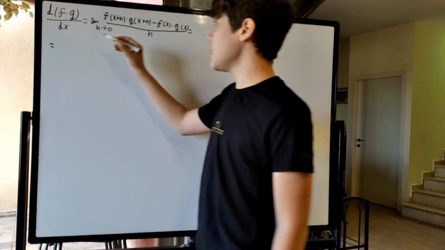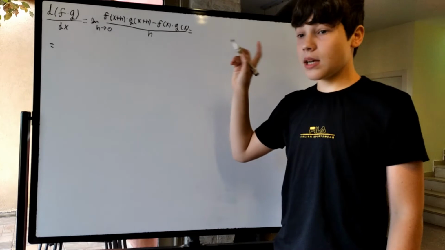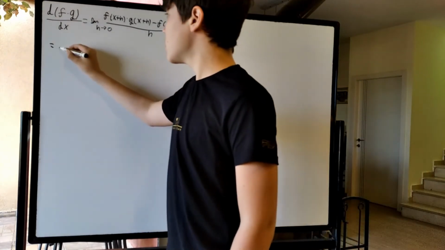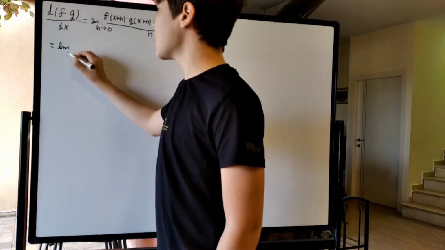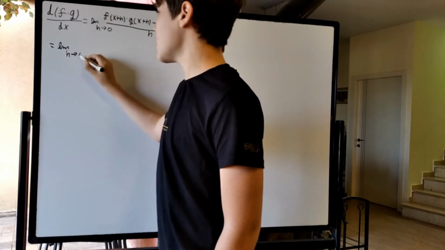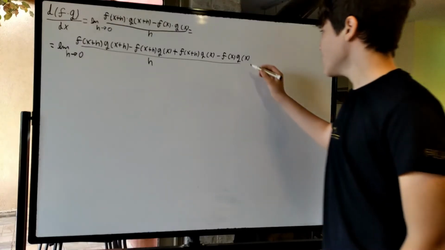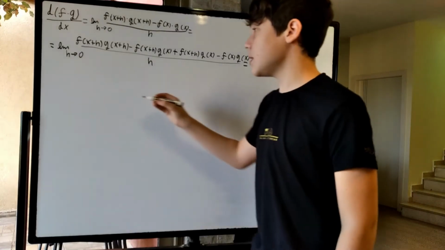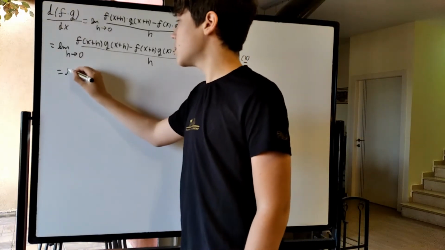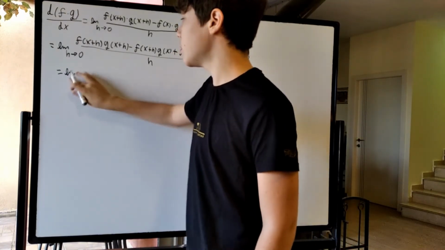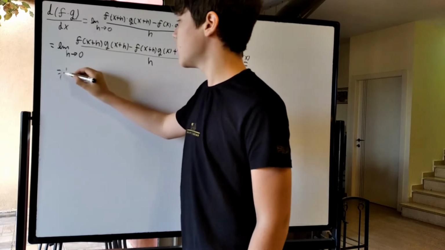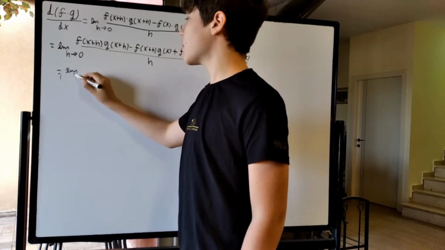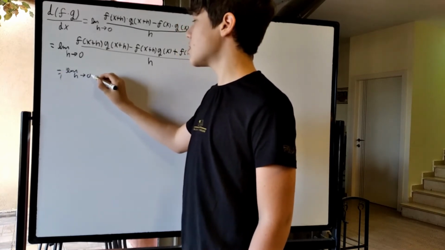And that value will be f of x plus h times g of x. So we know this is the limit as h goes to 0. Now we will put these in brackets. So we have the limit as h goes to 0.